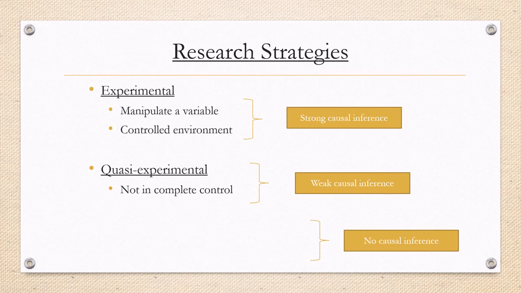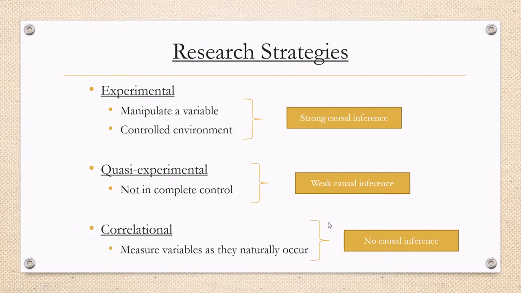These are our quasi-experimental designs. Although we are able to manipulate our independent variables, we're not able to control everything, and we often are not able to randomly assign people to conditions. And then we have our correlational research, which measures variables as they naturally occur. But we always remember that there is no causal inference that we can attain from these tests, from this design.